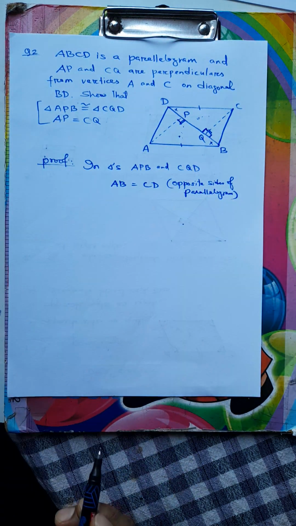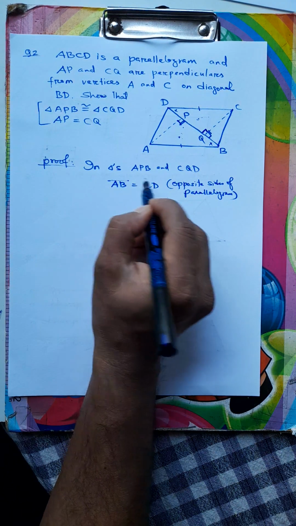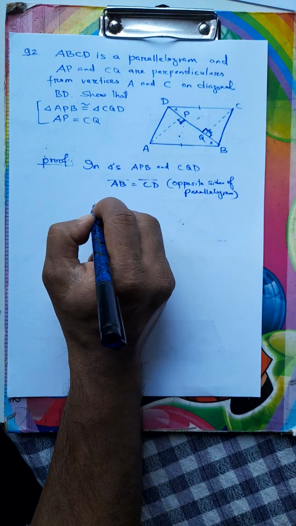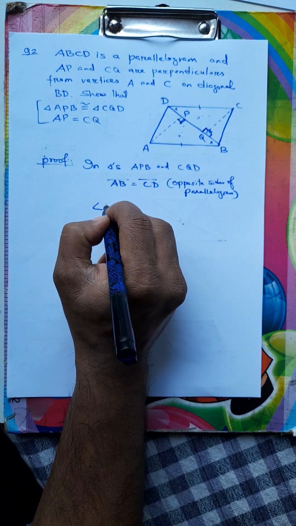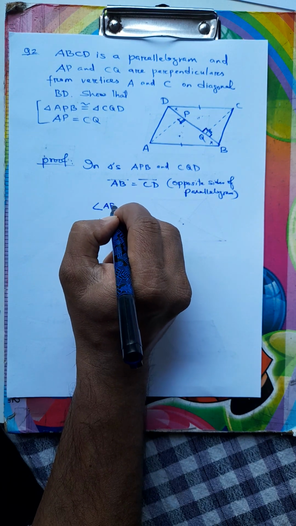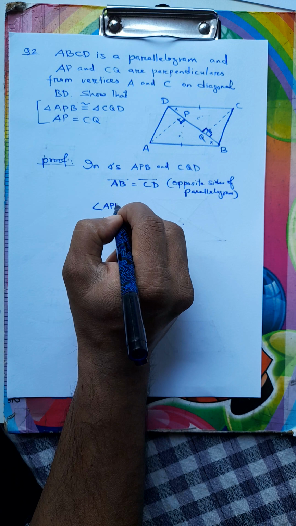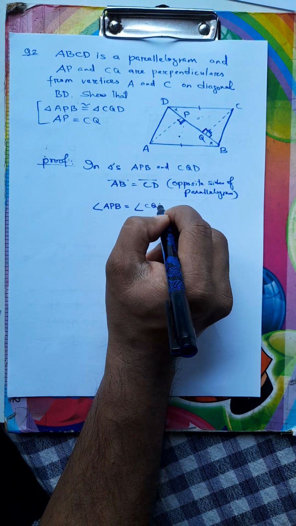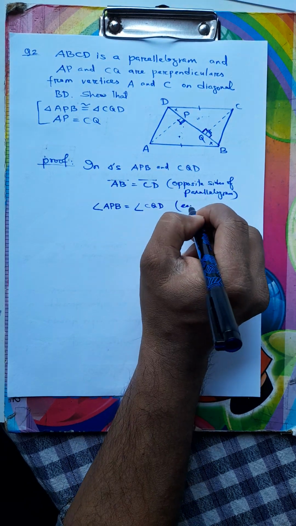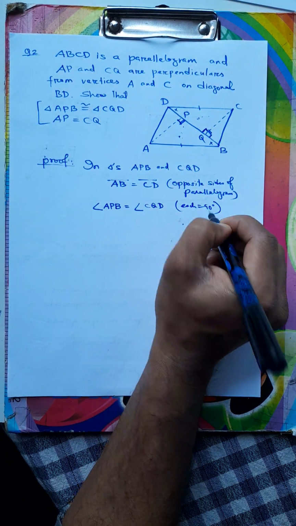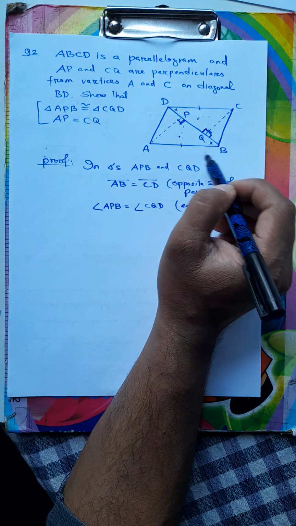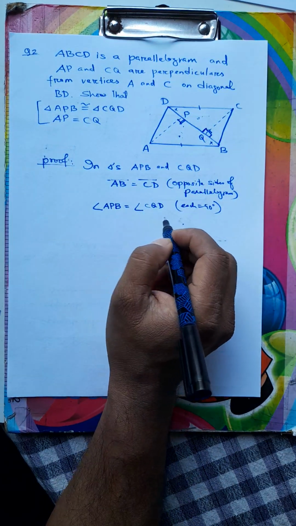Opposite sides of a parallelogram are equal, so AB equals CD. Then angle APB equals angle CQD, each equal to 90 degrees. Since AP is perpendicular to BD and CQ is perpendicular to BD, they are right angles.